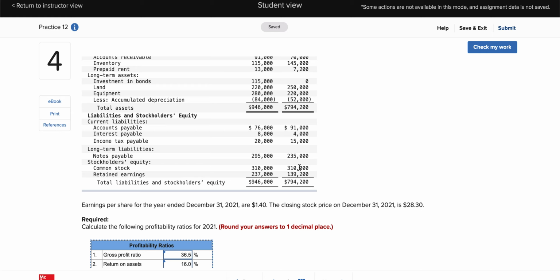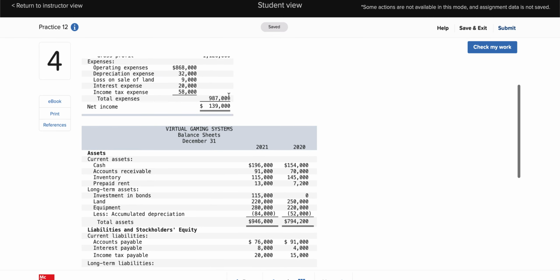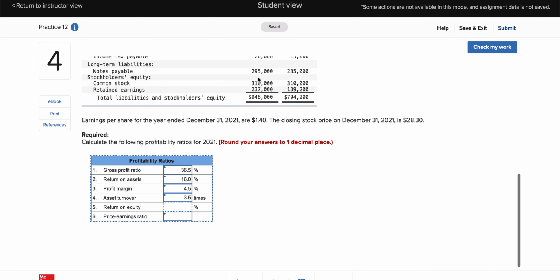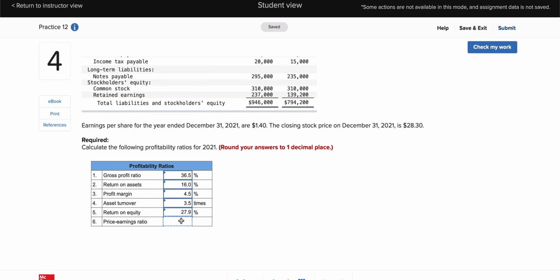We're going to add this together and divide by 2 to get the average amount of equity that we have in the company. Okay, we're going to take the net income and divide it by that average equity. That gives us 27.9%.